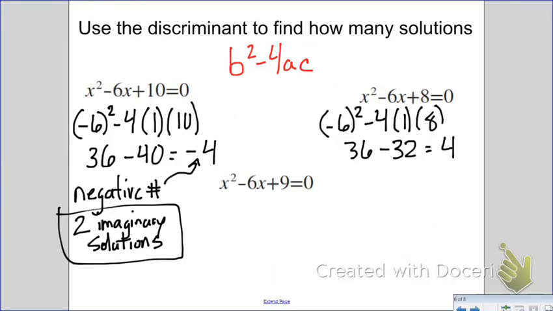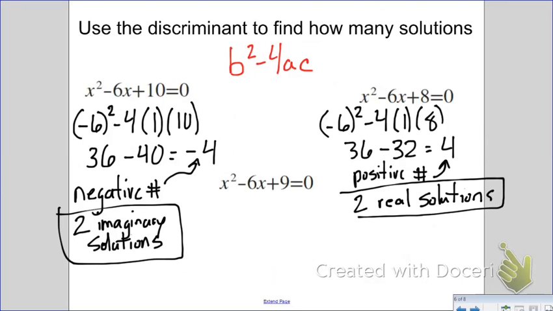And since this problem has a positive number for the discriminant, then the answer here is that there are going to be 2 real solutions. I don't know what they are yet, but I do know that they exist. Let's try out this last problem in the middle.